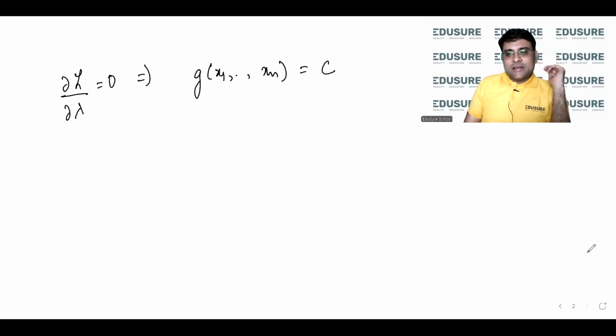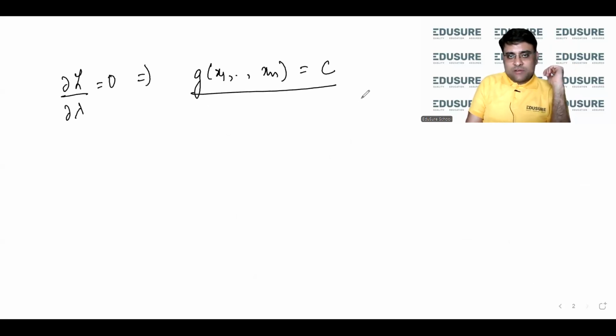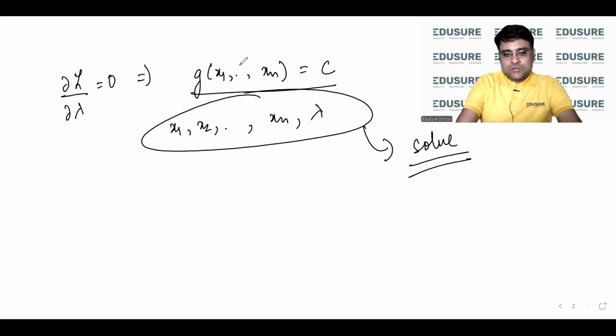So we'll basically get n plus 1 equations, ye n equations, ye n plus 1th equation, and n plus 1 unknowns are there, x1, x2, xn, and lambda, and we are able to solve the n plus 1 equations for the n plus 1 unknowns to get the answer.